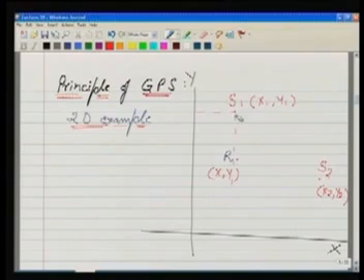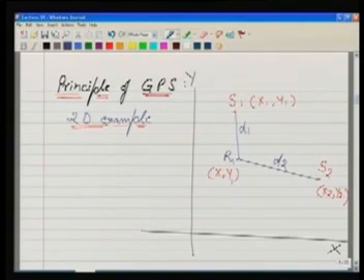Let us say R is the receiver and S1 and S2 are the satellites. The receiver can determine its distance from the satellites. So this receiver can measure this distance, which we call D1. It can also measure the distance D2.